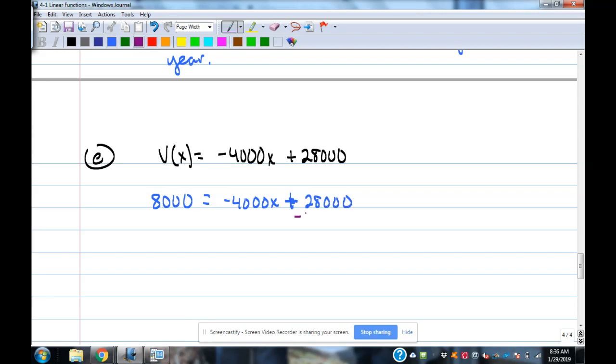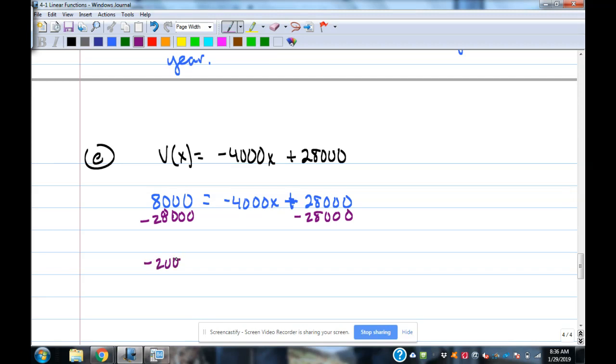And solve that. That's mathematically, because what if they said when will the value of the car be $3,750? That's an odd value, but maybe that's the mark that we've decided we need to sell that car at once the value gets to that. So they might not give you an easy number like 8,000. So logically doesn't always get you there as easily. And I'm not against solving it in your head. That's absolutely wonderful.